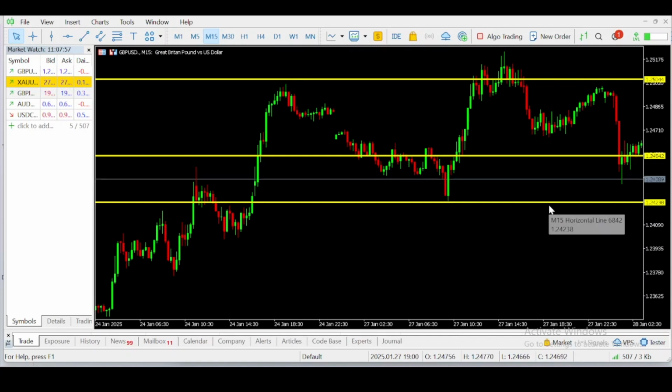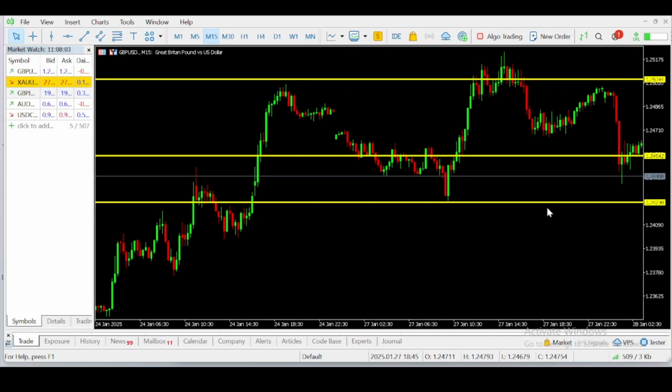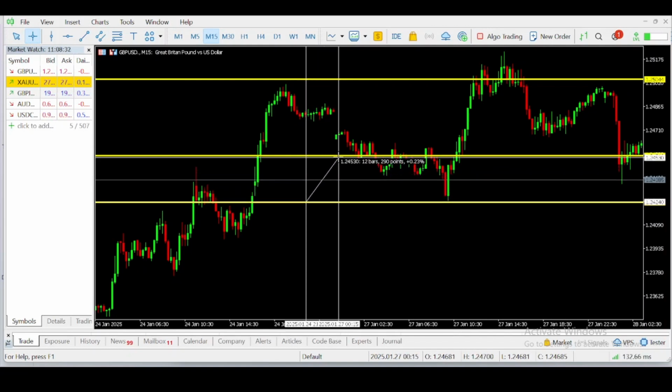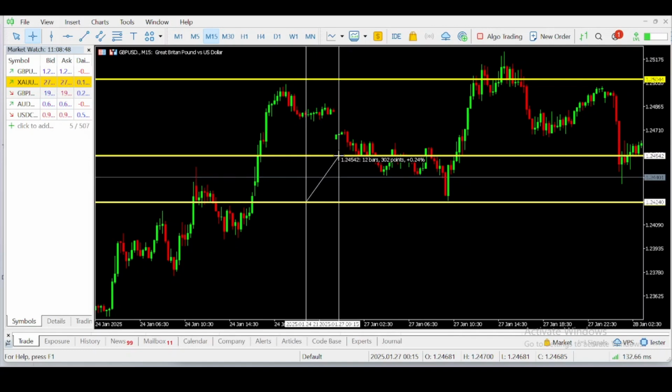The third step is to use that formula that I showed you to divide the answer you got by 0.00010. So that is how to get it. Now when I divided this, I got 30.4 pips. Now let's confirm it. I also want to use this medium to show you another means you can calculate this. So I'm going to confirm it from here to this point. This is like 30.2 pips. It's almost the same thing.